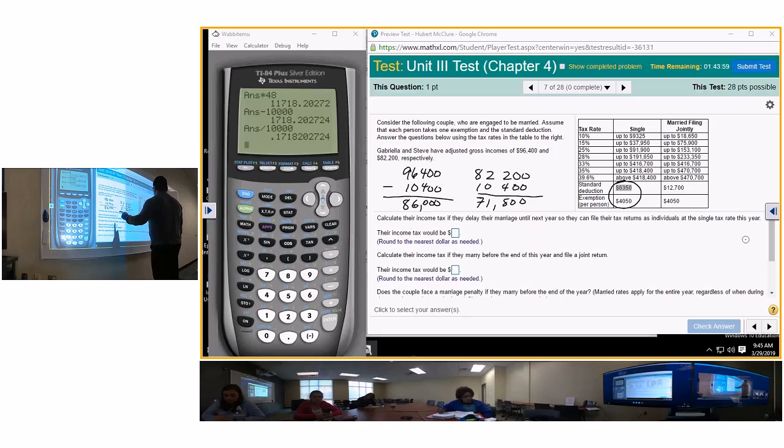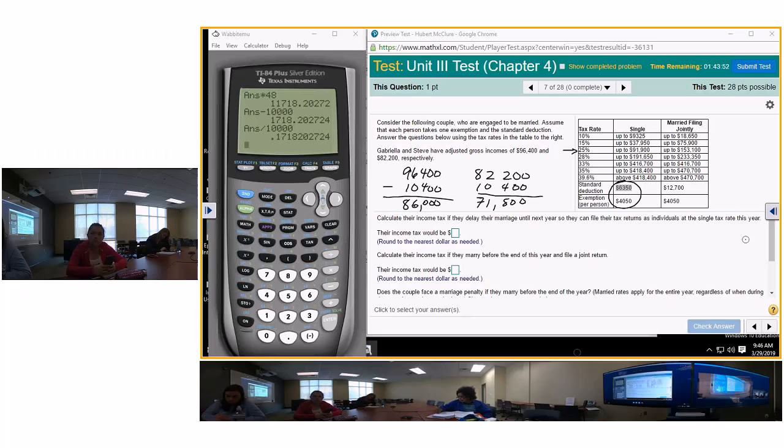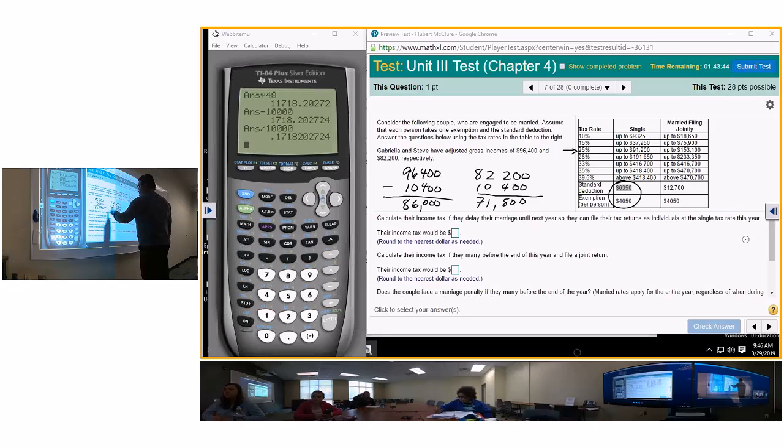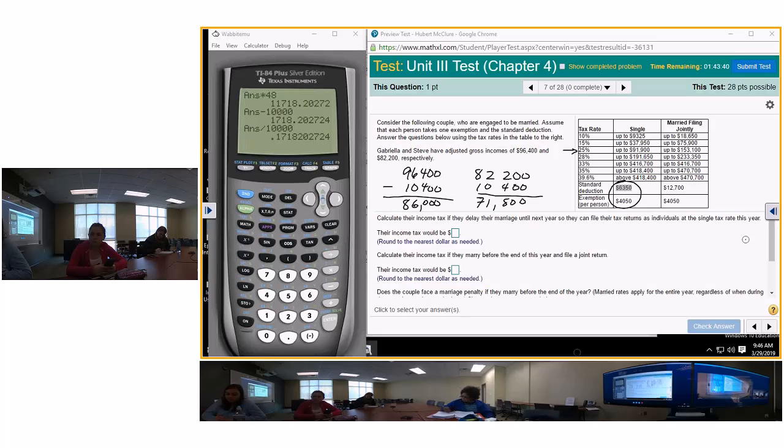So, both of them basically fall into what bracket? The 25% bracket, Hubert. That's right. So go ahead and figure the 25% bracket for both of these. This might be a dumb question. How do you decide what bracket they're in?